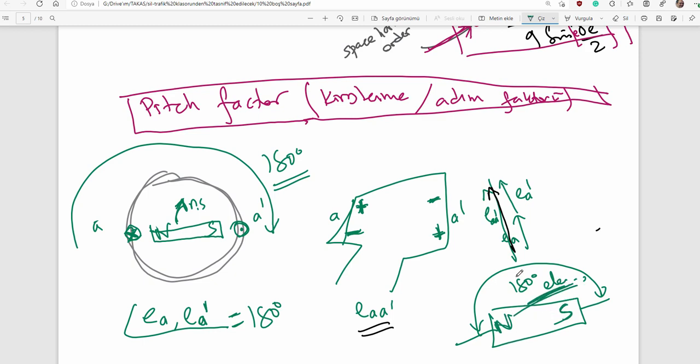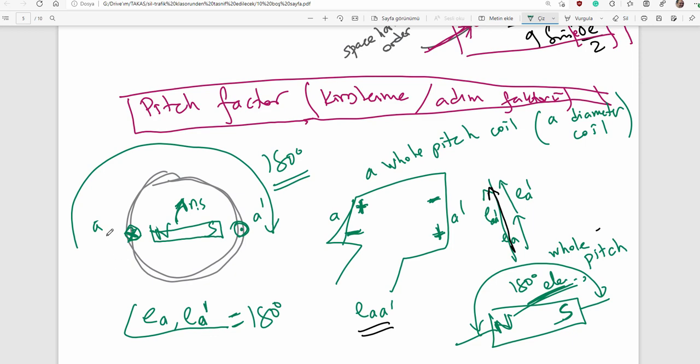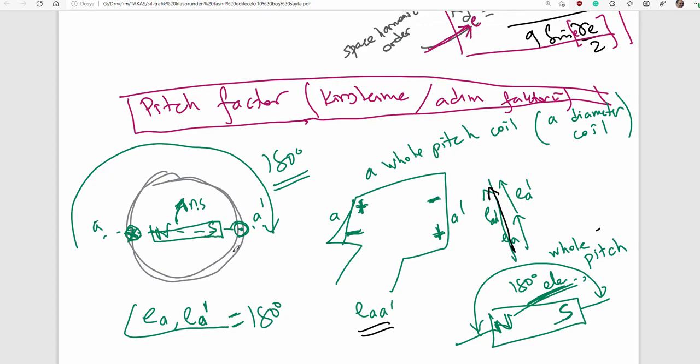That is the electrical angle, and that is called as whole pitch. And now you see a whole pitch coil. Sometimes we say a diameter coil, because this guy is on the diameter.